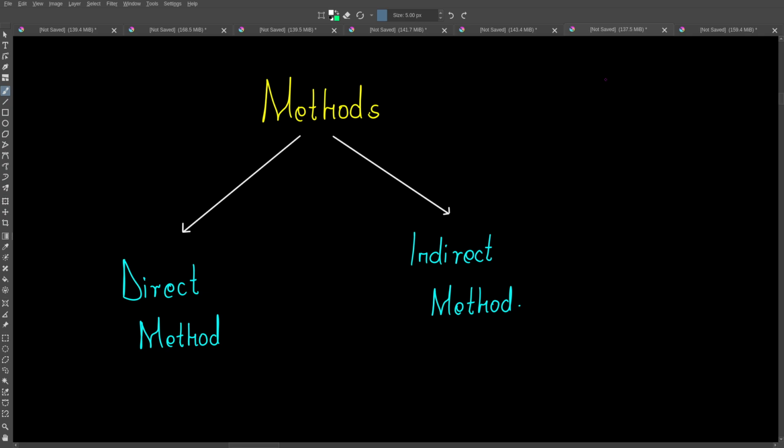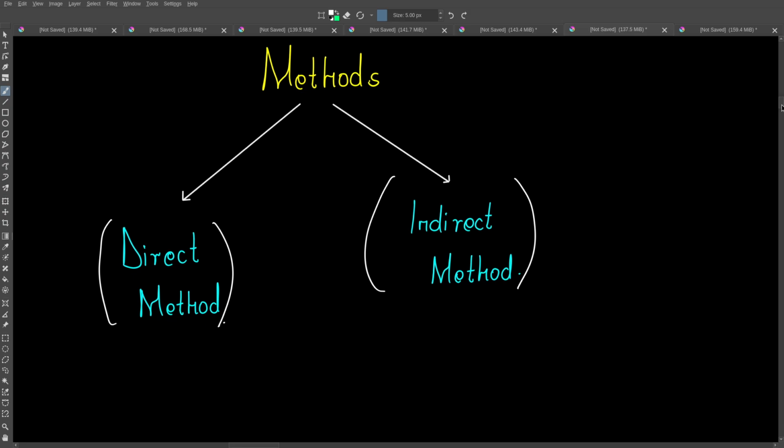Okay, so there are two methods of preparing this cash flow statement: one is the direct method, the other is the indirect method. Today we are going to look at the direct method. The direct method is usually used by smaller corporations, because it is tedious and requires quite some work, but it is very easy for an external user, because its representation makes it easier to understand how cash has been moving in that business.